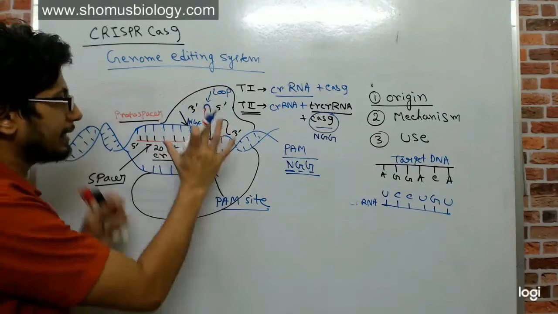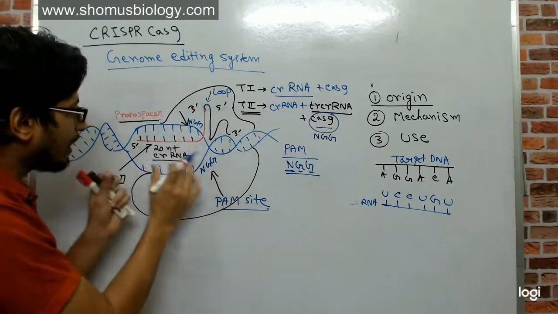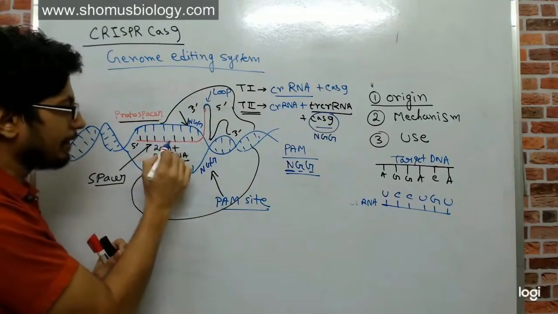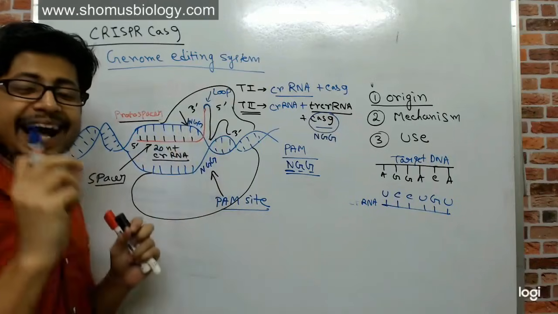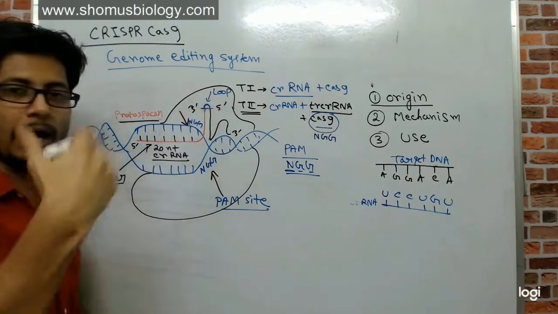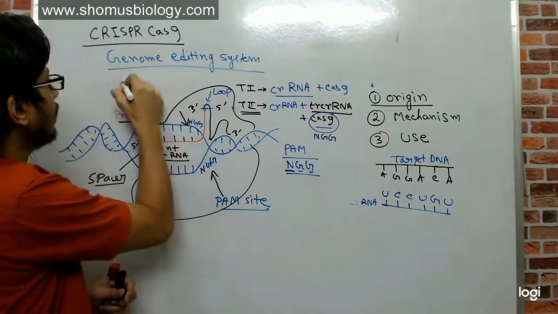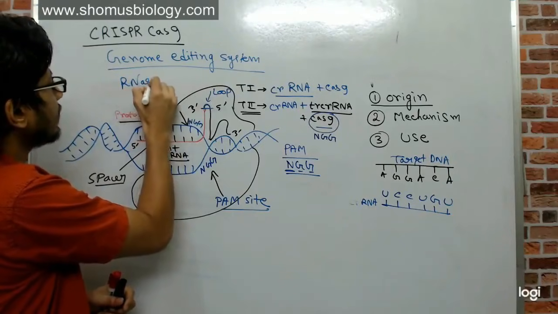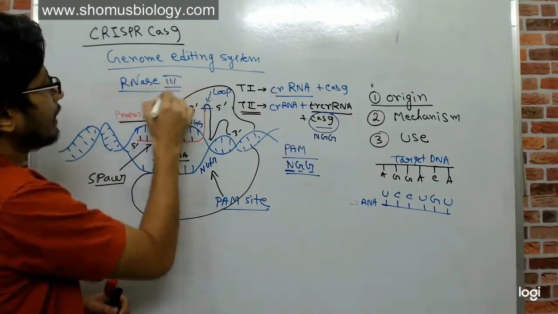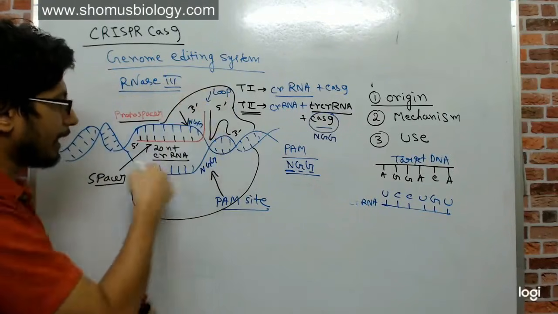Normally this is the overall structure of CRISPR and Cas9, and once they find the complementary region, what will happen? RNase 3 will cleave this loop out. Remember that RNase 3 has this role. As a result, we have this kind of structure.